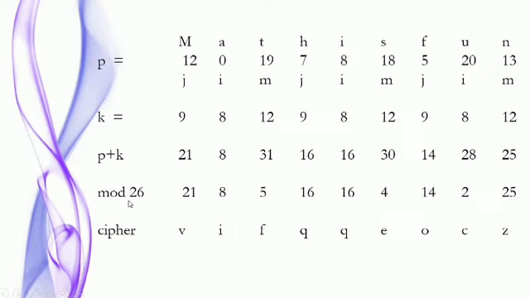For 31, when we take modulo, we write the remainder, and the remainder is 5. For 30, the remainder is 4, and for 28, the remainder is 2. We write the corresponding alphabetic letters, V, I, F, W, Q, E, O, C, Z. And so the ciphertext is V, I, F, which is not in a readable format, right?